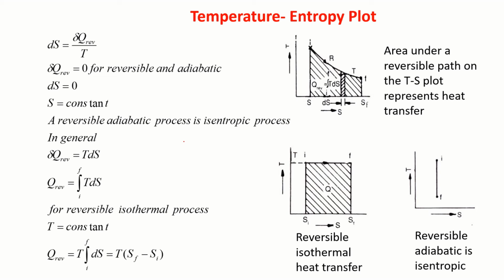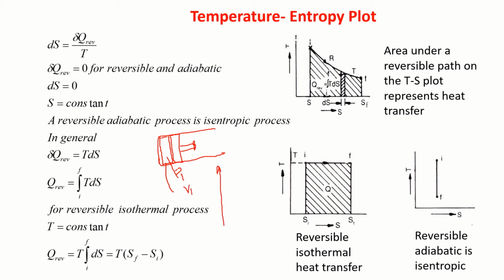For example, before getting into this, let me tell you this. There is a cylinder, there is a piston. Okay, right. Assume this is the system part. The pressure of the system is P1. Let us say the volume of the system is V1.